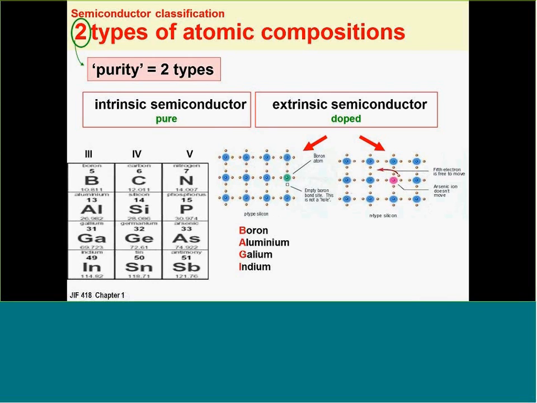Or we say BAGI, B-A-G-I, bagi. So we just use this acronym to remember it. So doping group 4 with BAGI, group 3, will give you P-type semiconductor.